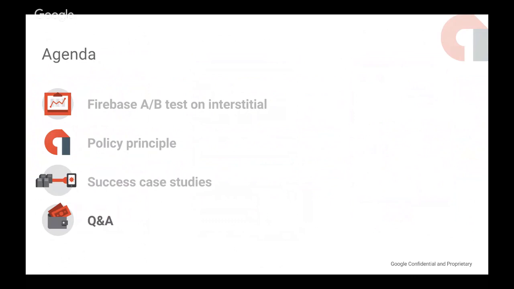The next question about Firebase is: across what metrics is the A/B testing report generated, and which case serves better user experience for interstitial ads? By default, if you go to the Firebase console, you can see a number of metrics already surfaced in the analytics console.